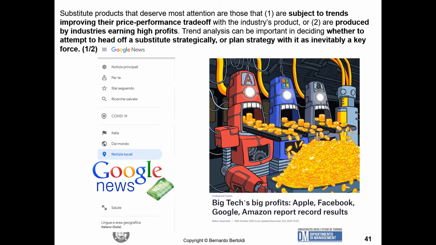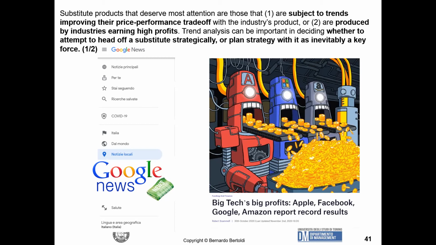And if you look at the history of Google, when Google was born, it said our vision is to provide relevant information to customers. So in the moment in which Google was born, it was competing with the newspaper industry in some way. But at that moment, the price performance trade-off was incredibly to the advantage of newspapers.